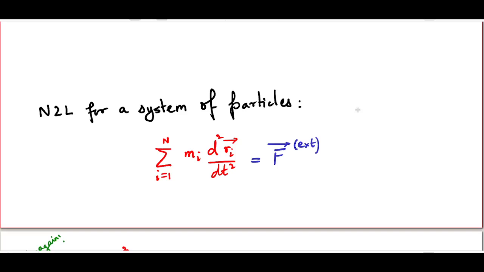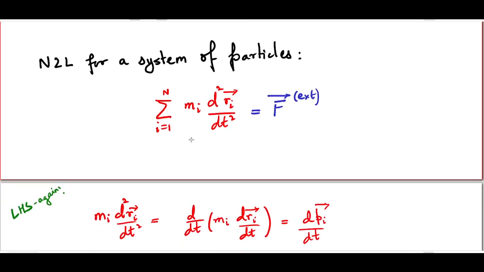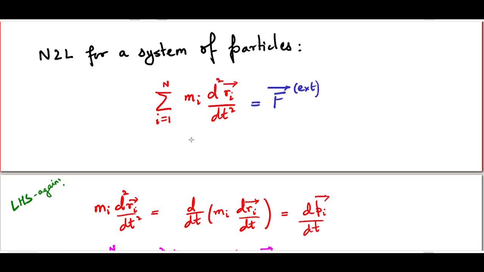This other way involves starting from the left-hand side of our version of Newton's second law for a system of particles and focusing on an individual term in the sum. The individual term, of course, is the mass times the acceleration of the ith particle.